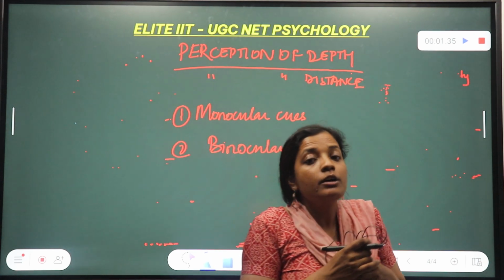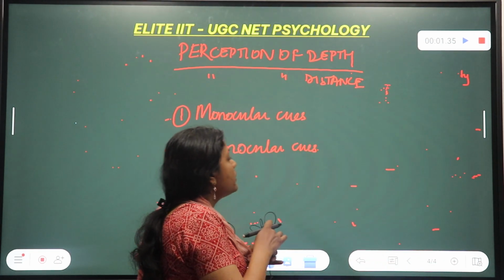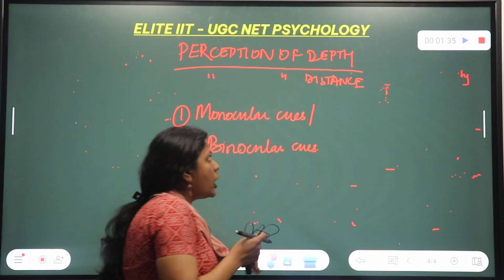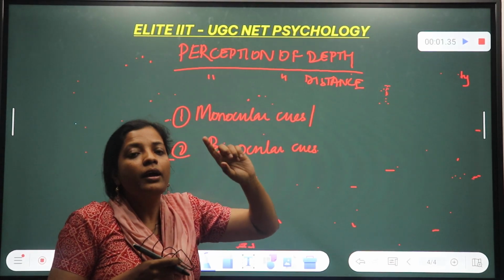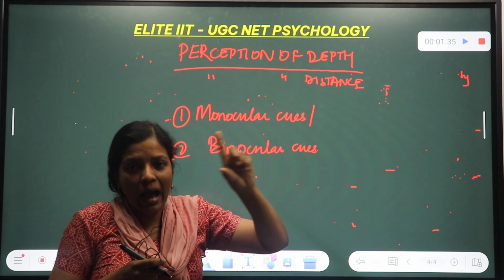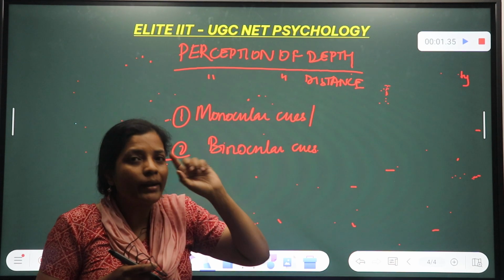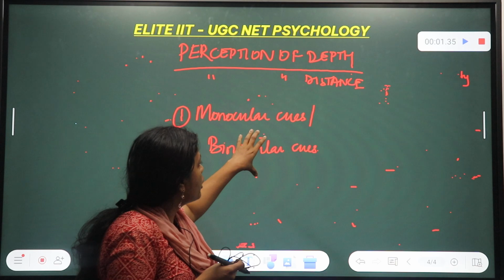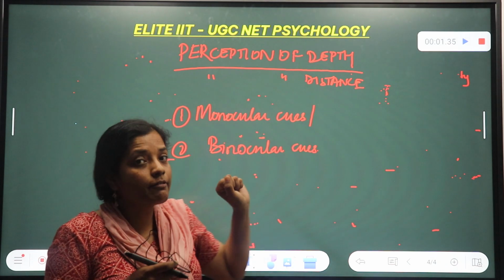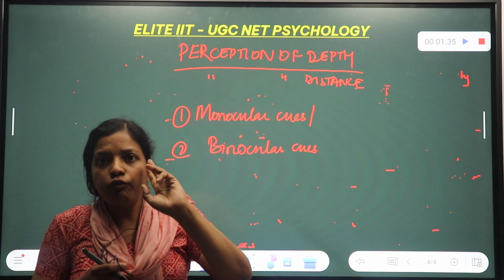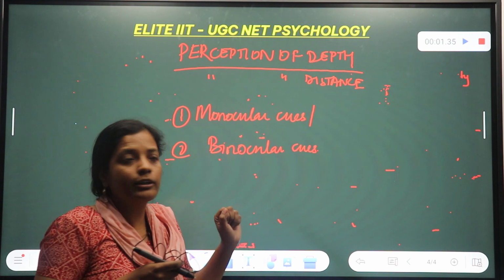That is also done by monocular cues. Monocular cues are basically those cues which are made on the basis of input from only one eye. Whereas binocular cues, as the name suggests, use both eyes in perceiving depth, how far the thing is and how near the thing is.